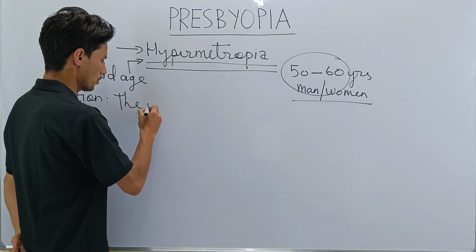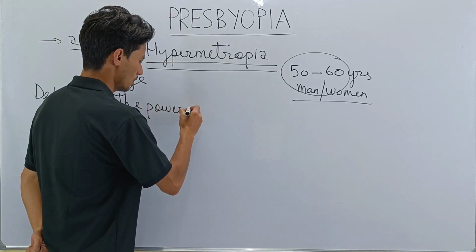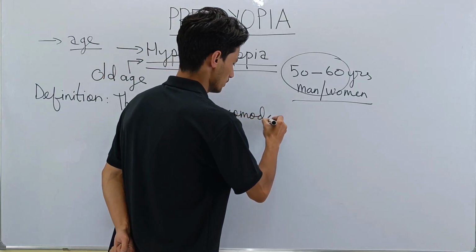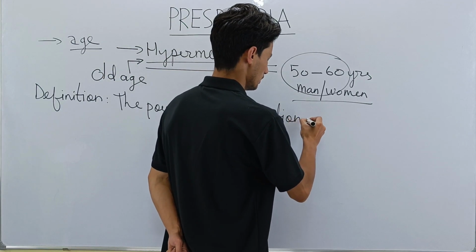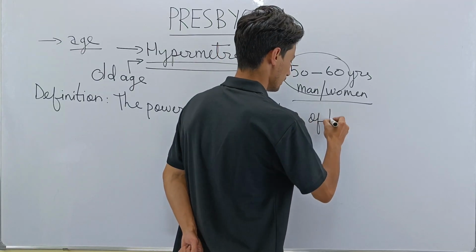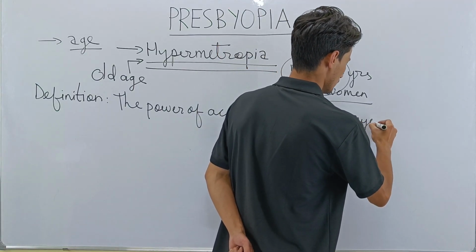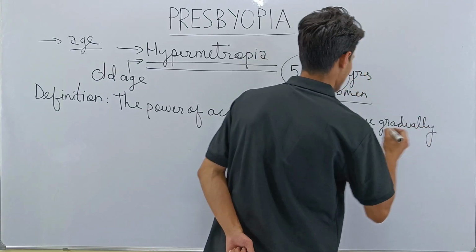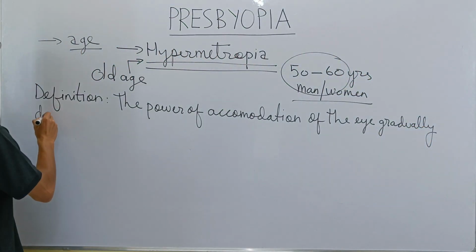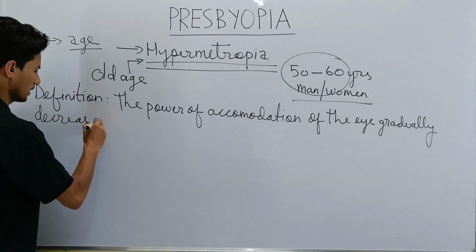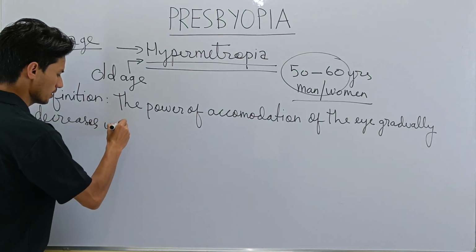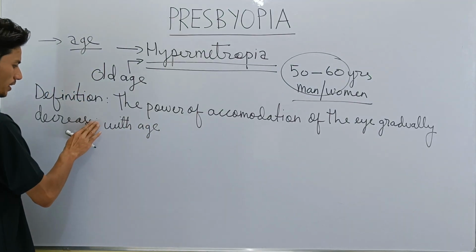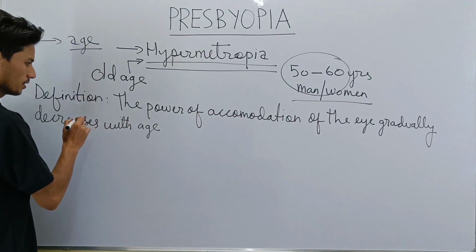The power of accommodation of the eye gradually decreases with age. I hope you are all taking down notes. So the power of accommodation of the eye gradually decreases with age.